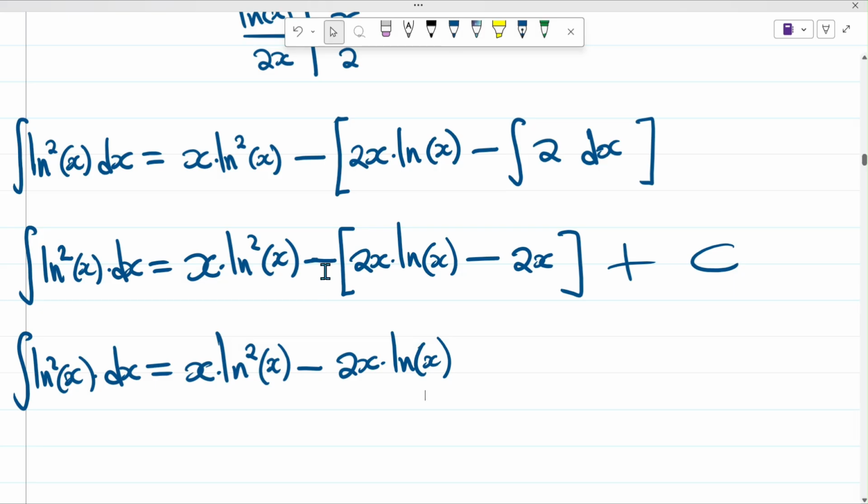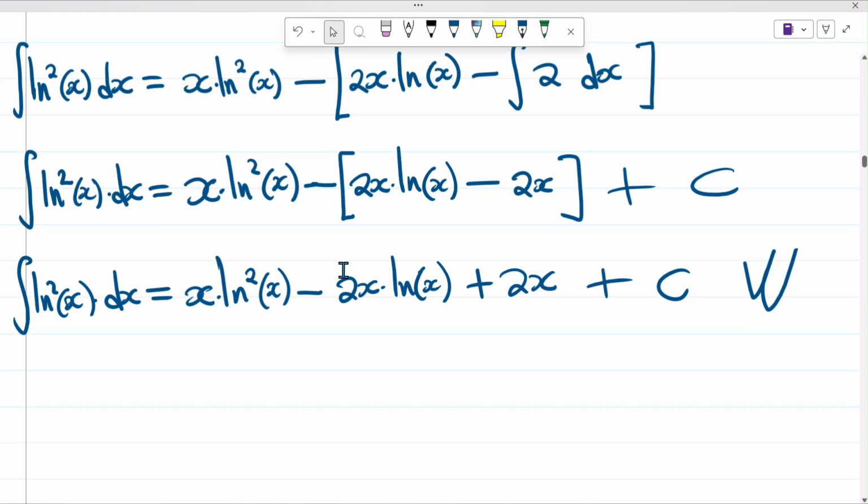Now I'm multiplying by this negative, so this bracket is multiplied by this negative. That's why I got the negative. Negative by negative becomes positive 2x, and then plus c. Then tada, you have your final answer. That's how it's supposed to be done.